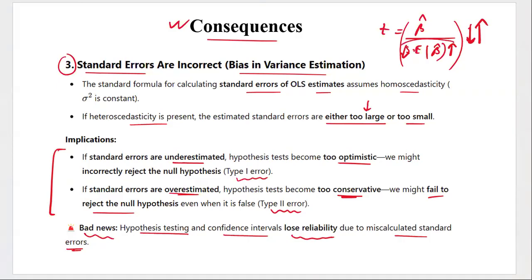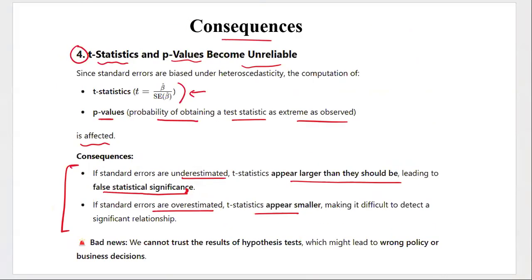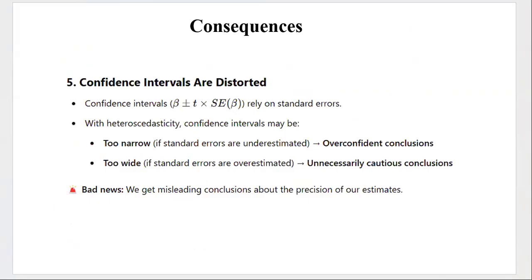So depending on the standard error, the T statistic will be either inflated or very small. It will not be a proper T statistic. It is also bad news, because we cannot trust the results obtained in hypothesis testing, which might lead to wrong policy and business decisions. So heteroscedasticity, if present, you have to remove before working with the model.